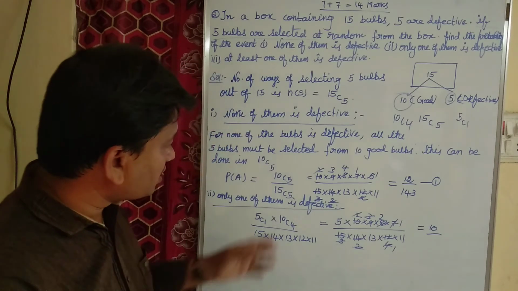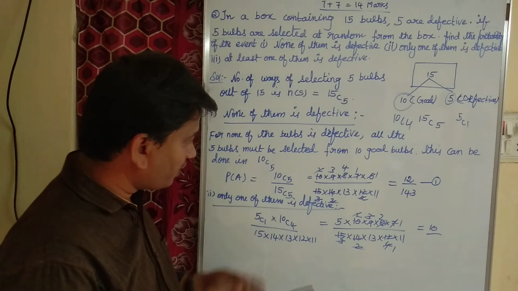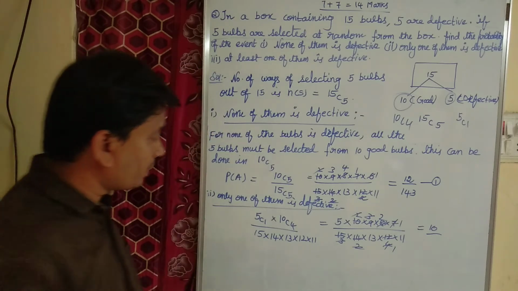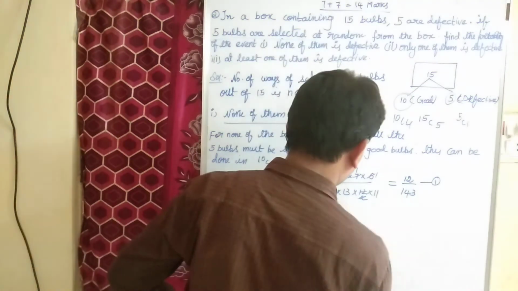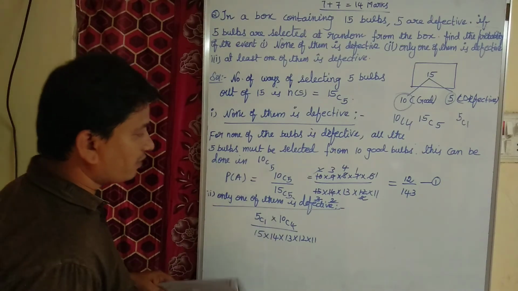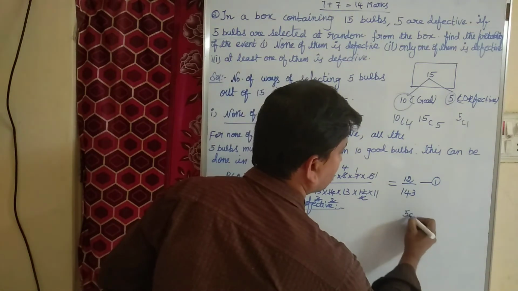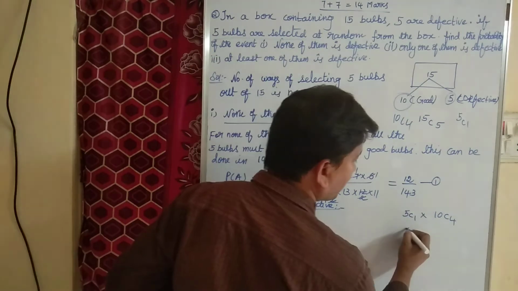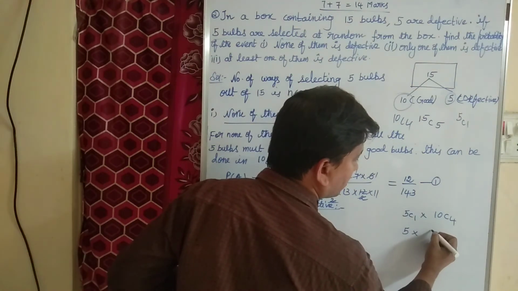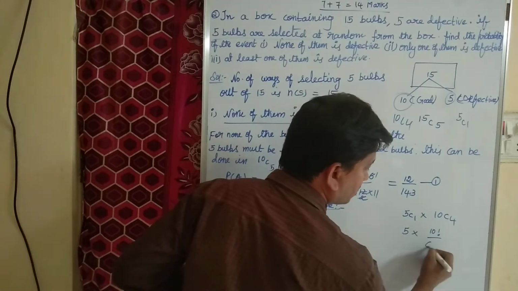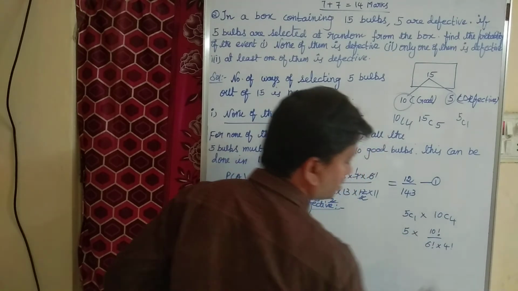So children, 10C4, right? Okay, we did not do the numerator here properly. 5 into 10C4, 5C1 means 5 only. First let us do 5C1 into 10C4. 5C1 means 5. 10C4 means 10 factorial by (10 minus 4) factorial, that is 6 factorial into 4 factorial, children.